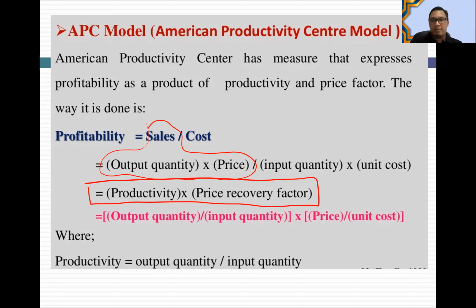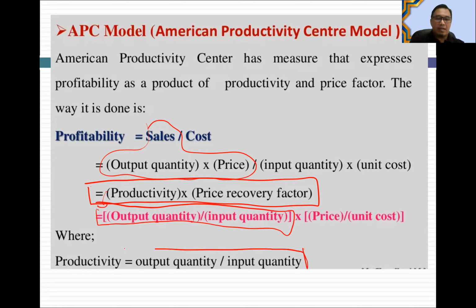If we go back to the general formula for productivity, where productivity is output per its input, the ratio of output and input, productivity here is output quantity per input quantity, and price recovery factors is price per unit cost.